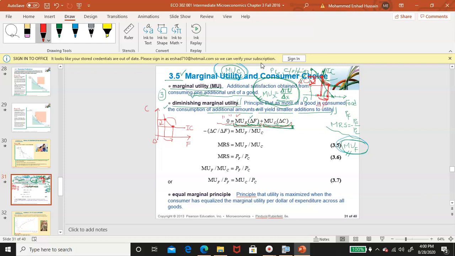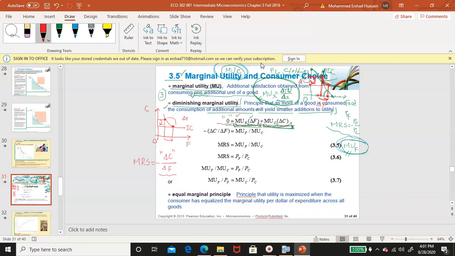So remember the trade-off. MRS shows us that trade-off. Remember we said MRS is the ratio of change in clothing to change in food. This tells us how much clothing we want to sacrifice for one more unit of food, and that is the slope of the indifference curve. So we get the idea, right?